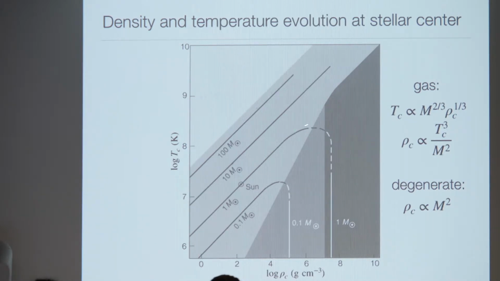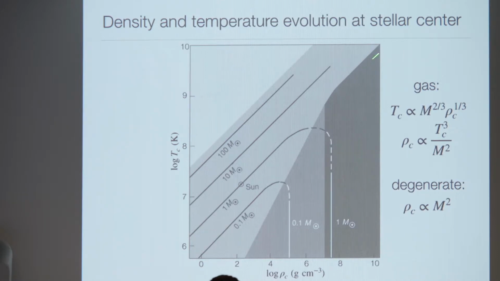It must eventually hit this degenerate pressure region, so that this low mass star will eventually be supported by degenerate pressure, and that's unavoidable. But if the mass is sufficiently high, then you will avoid this region of degenerate pressure.